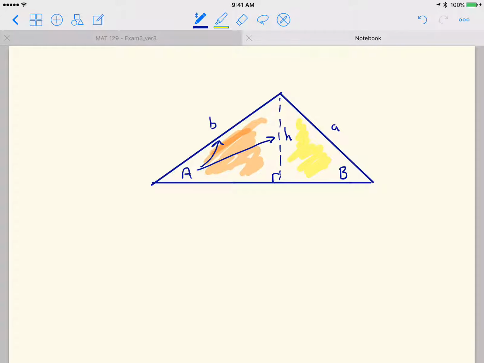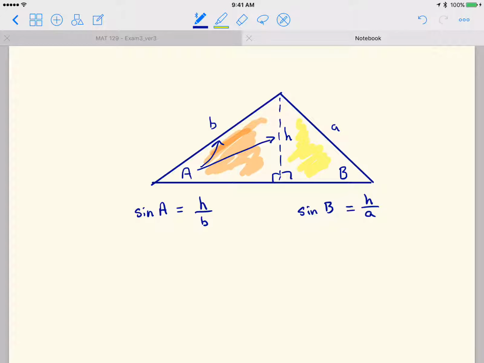That would be the hypotenuse. So therefore, the sine of angle A is equal to the opposite over the hypotenuse. Now in this case, h is the height, not the hypotenuse here. And on the yellow triangle, sine of B, because again this is also a right triangle, it would be opposite over hypotenuse.